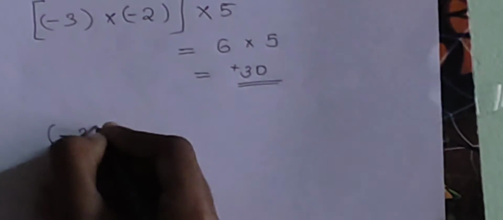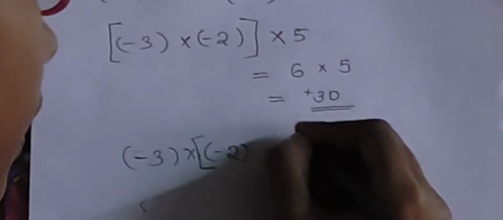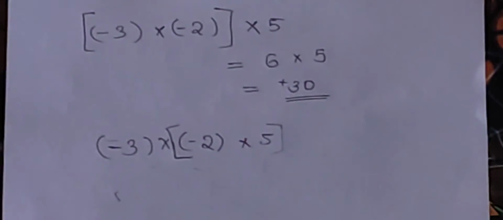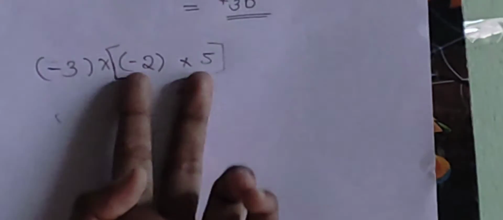Now negative 3 into (negative 2 into positive 5). First, we do the numbers given in the brackets.